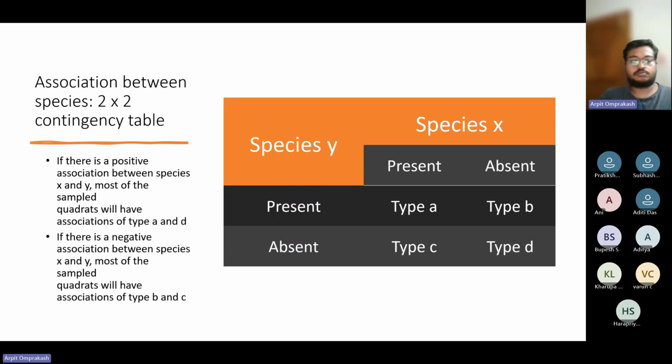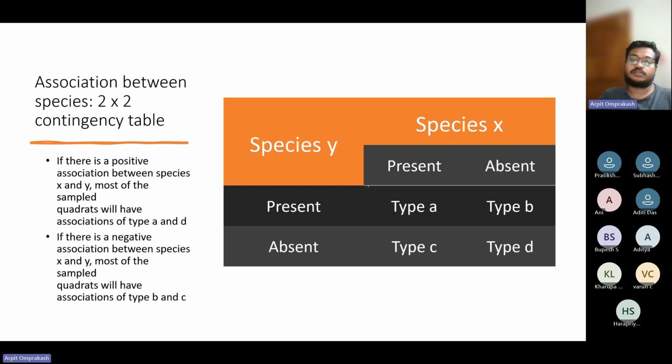Another thing is, based on encountering a given species, what can we say about whether the species are associating or not? Let's say we have two species, species X and species Y, and we do quadrat sampling.